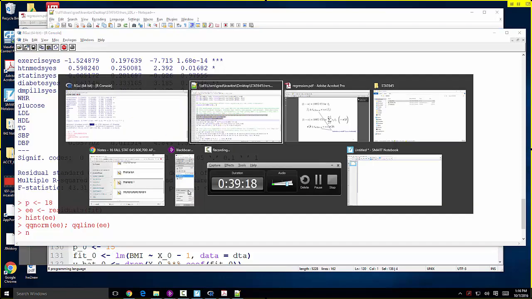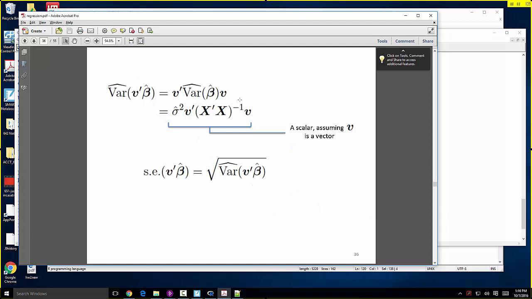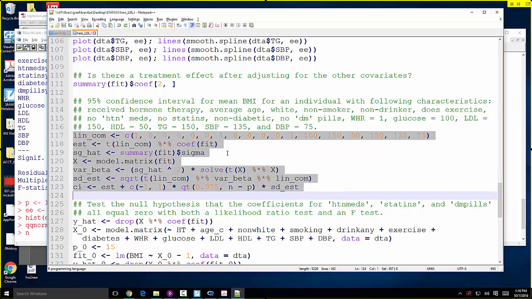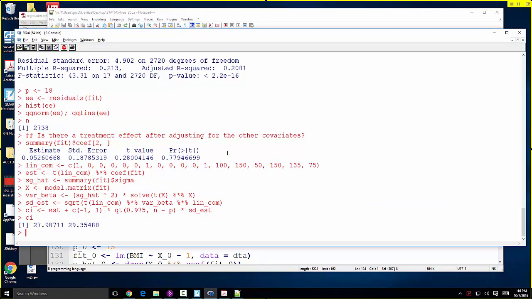And we know that the variance of my linear combination is sigma squared, which I'll estimate with sigma hat squared, V transpose X inverse V. That's what I have coded up here. I'll let you look at the code some on your own, and I'll spend some more time on it Monday. But here is a confidence interval for that particular person.